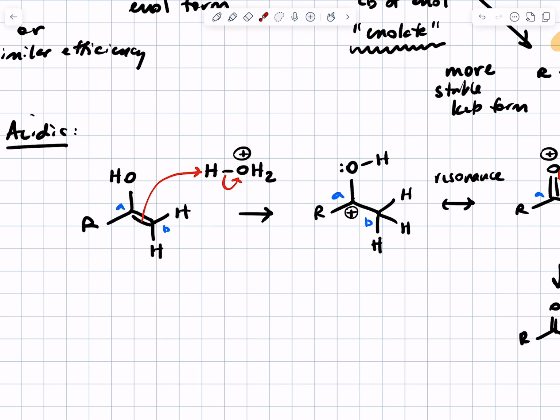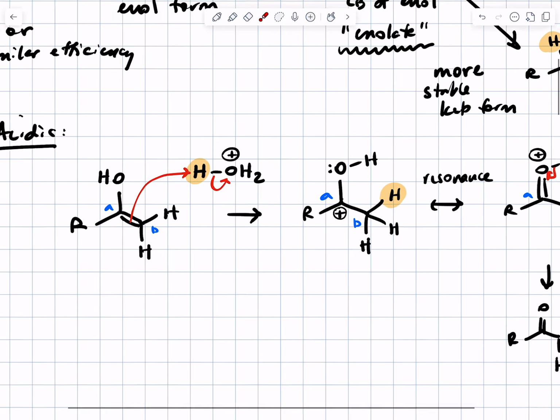That's basically exactly the same first step as we've done with adding acids to alkenes already. You're going to put that proton from H3O+ on the less substituted carbon so that the positive charge can be on the more substituted carbon.